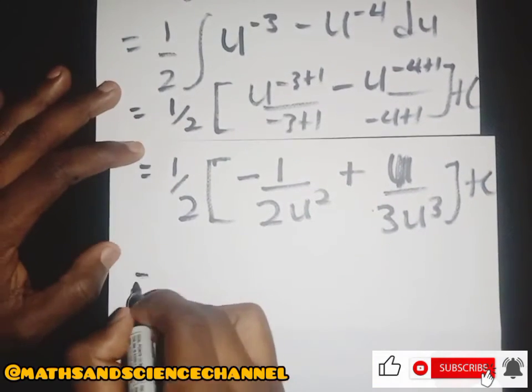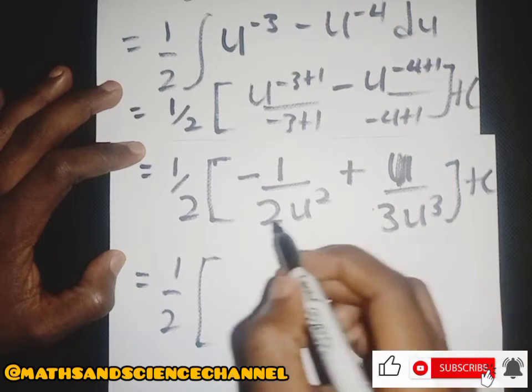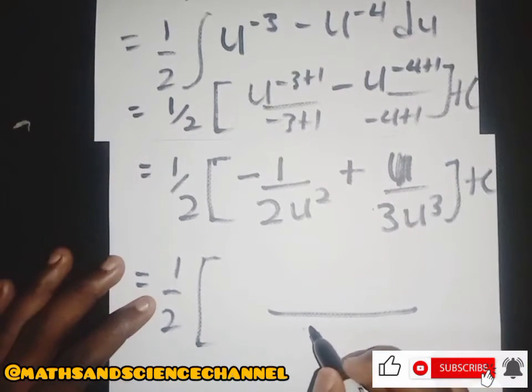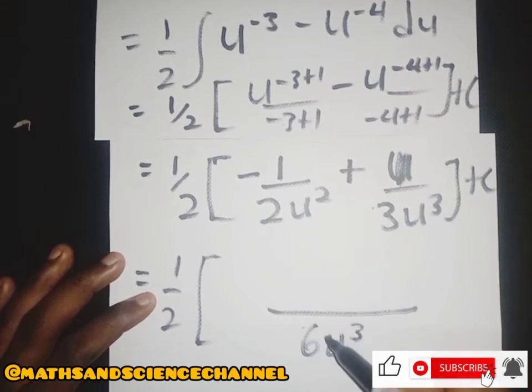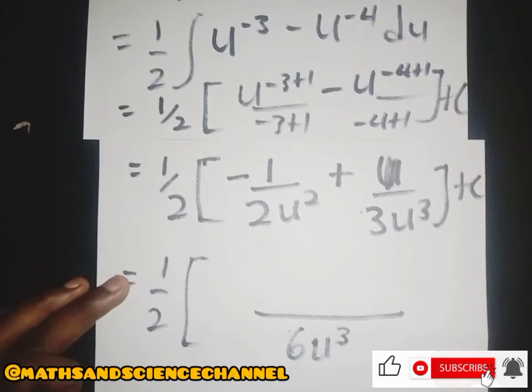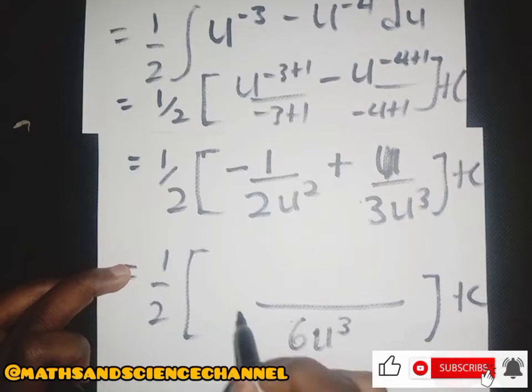So from here let's simplify this. Realize that the LCM here is just 6u cubed.